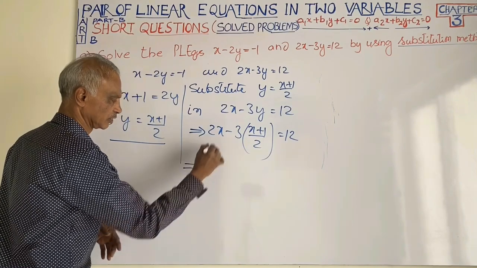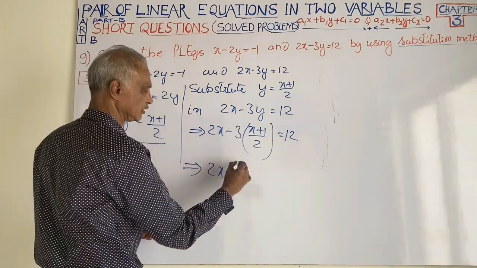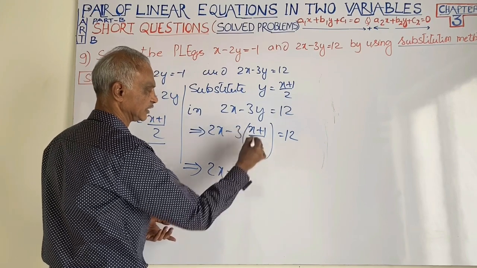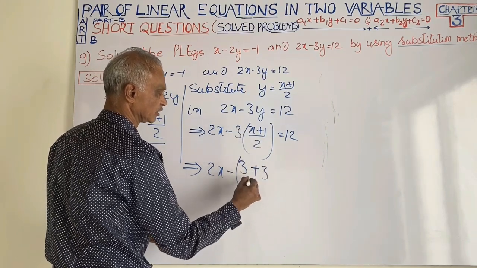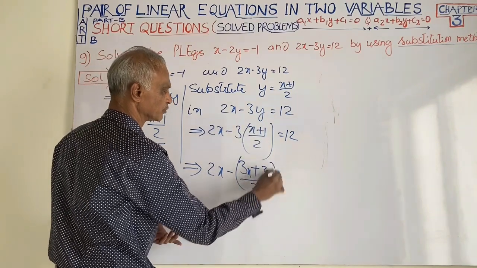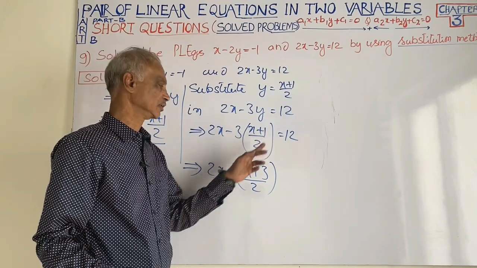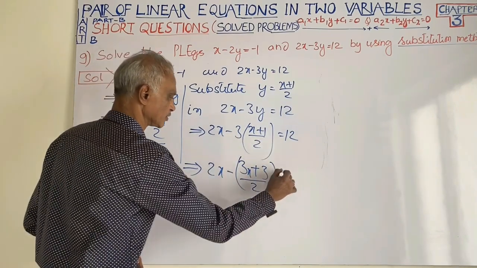Now 2x minus this can be written as 2x minus 3x plus 3 by 2. You see 3 into x, 3x, 3 into 1, 3 by 2 is equal to 12.